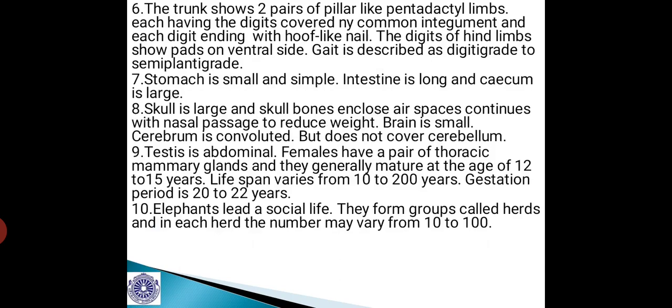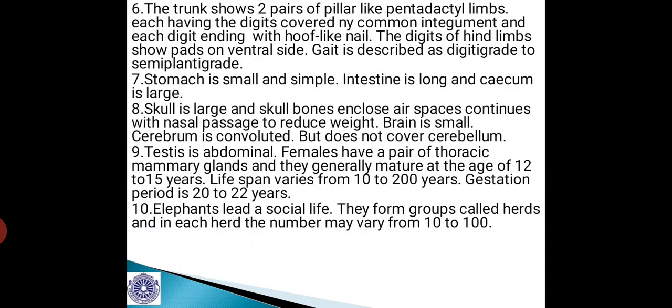And the skull is large and the skull bones enclose air spaces, continuous with the nasal passage, to reduce the weight. So the brain is small, though they have a very big head, the brain is said to be small, and the cerebrum is convoluted, having more foldings, but does not cover the cerebellum. And the testis is abdominal.